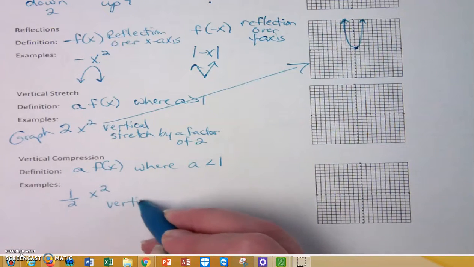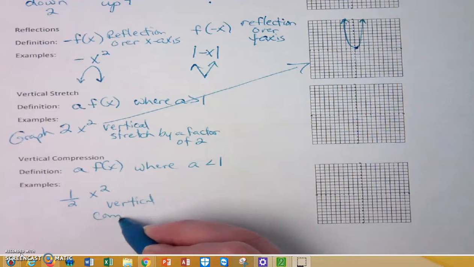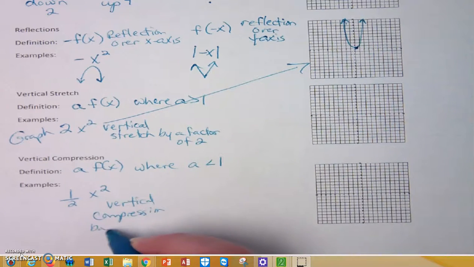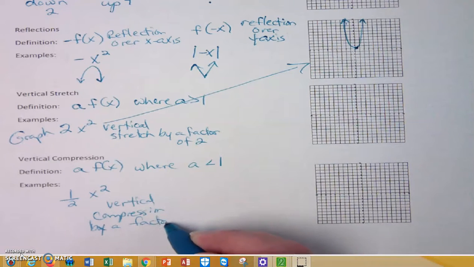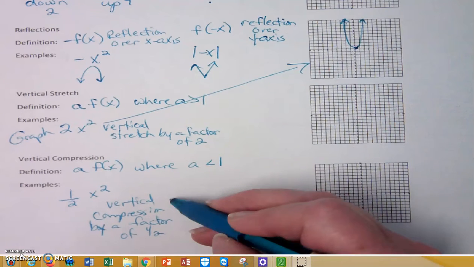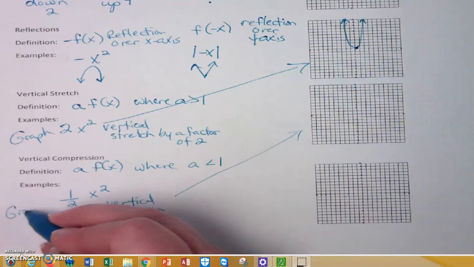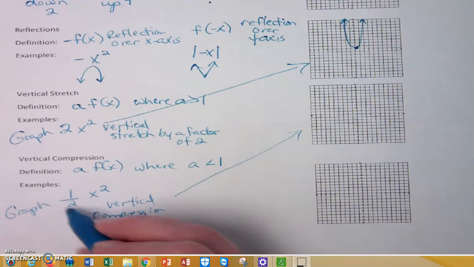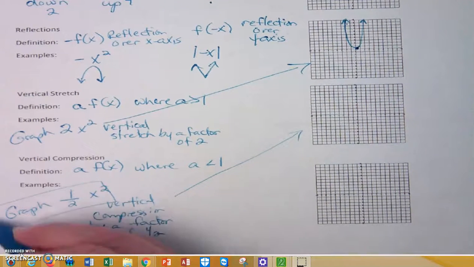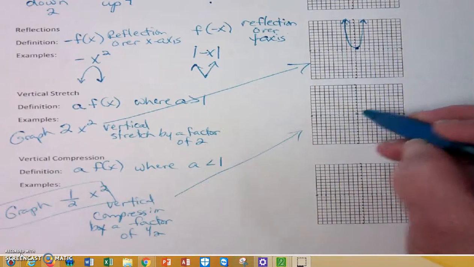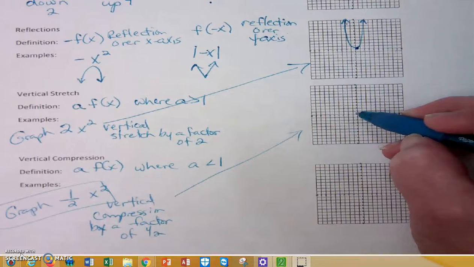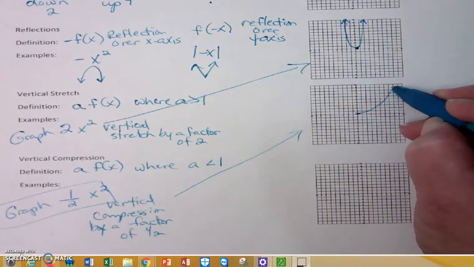This is a vertical compression by a factor of 1/2. So let's graph that one over here. It's going to be fatter. It's going to be kind of pushed down more towards the x-axis.